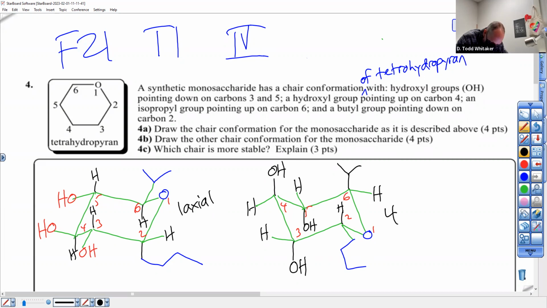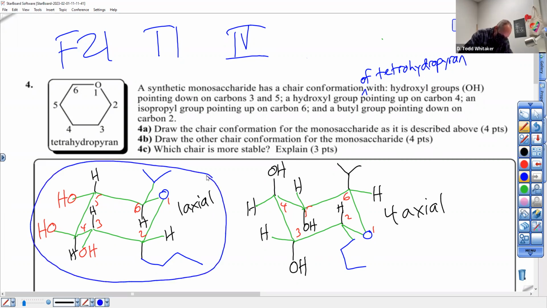That's awful. Use words to depict how awful that is. Which chair is more stable? I just circled it because it has greatly, I need the magic words, reduced.